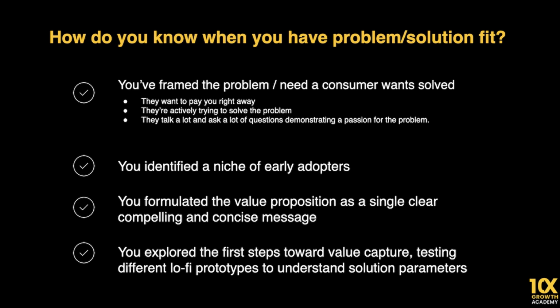You have framed the problem and need a consumer wants solved. They want to pay right away. You can see in their engagement with the consumer that they show emotions, that they are involved with solving the problem with you. And they maybe want to try it right away or even buy it right away if you already have a prototype. You have identified a niche of early adopters, and I will explain later what an early adopter is.